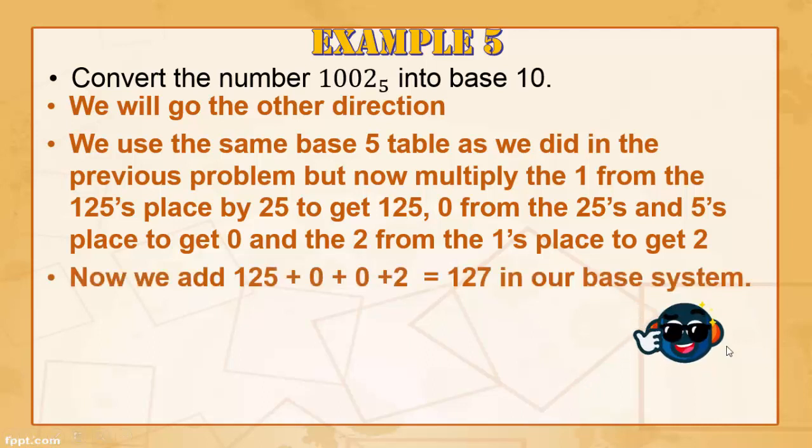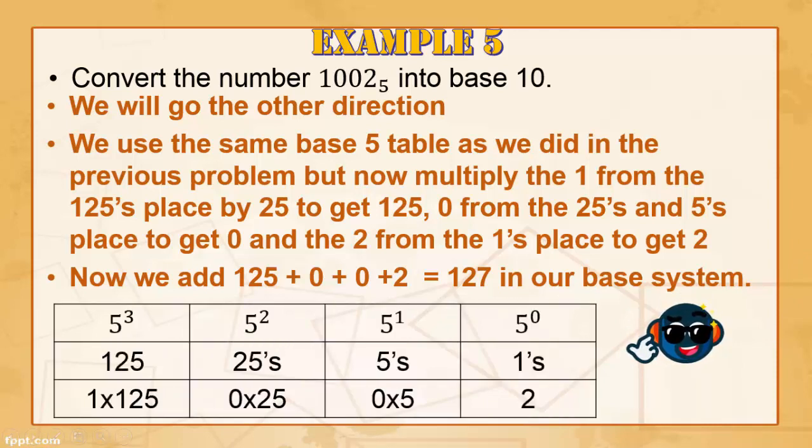And then we add 125 plus 0 plus 0 plus 2, and we get 127 in our base system. So here's how the table looks in a much neater form than I did on the whiteboard.